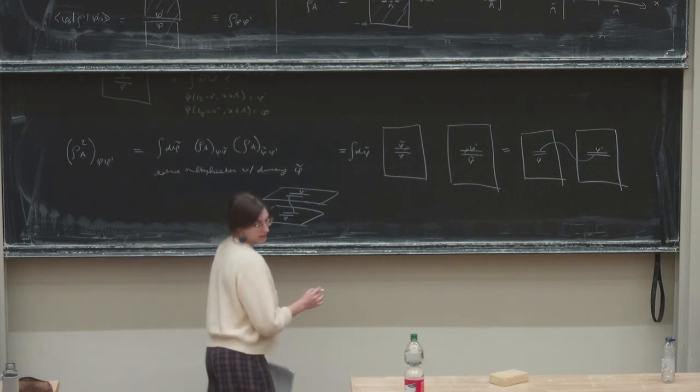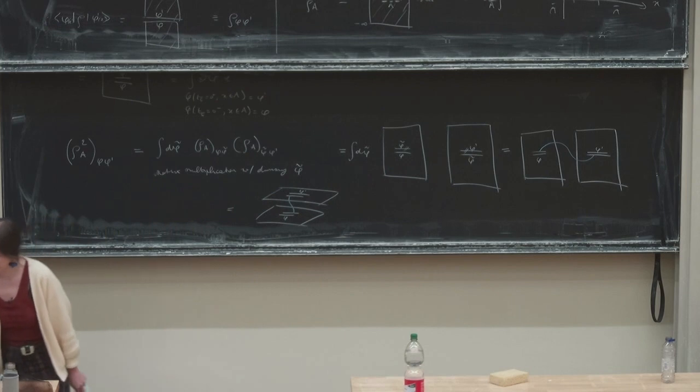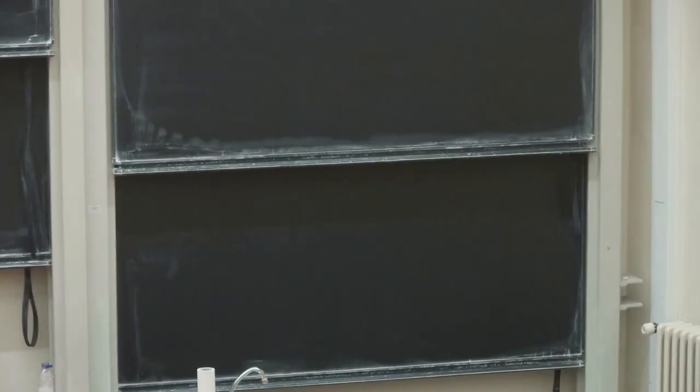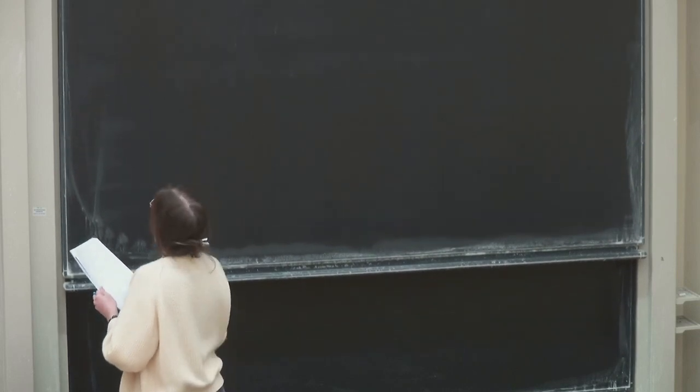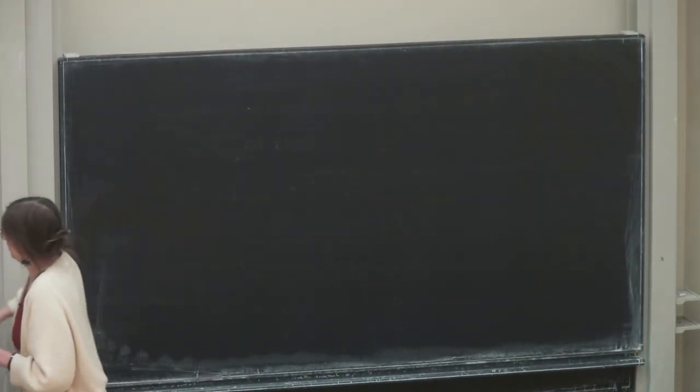Then let me go to the next board. Well, so what I'm writing here is immediately the matrix elements, just because it's most clear in that way that I'm just doing a simple matrix multiplication.